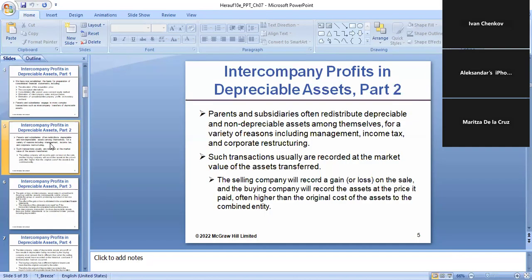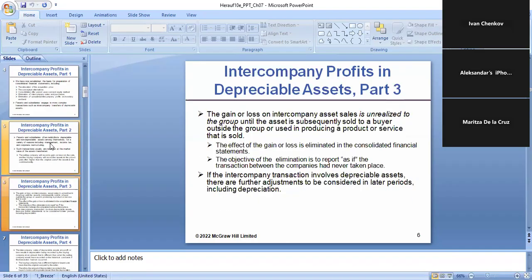The selling company will record a gain or loss on sale, and the buying company is going to get the asset, usually over the initial purchase price. That's the whole point of transferring depreciable assets from one company to another. And then it's going to use that price to claim the depreciation.